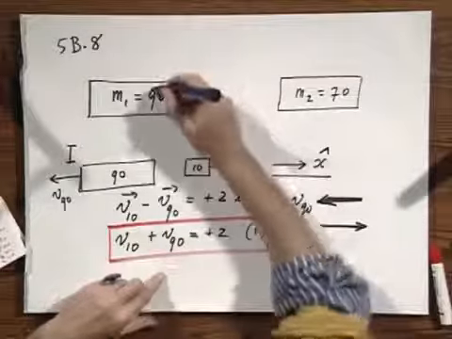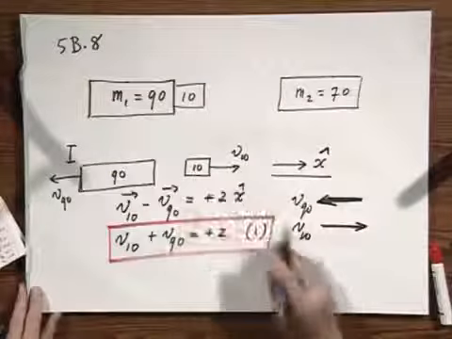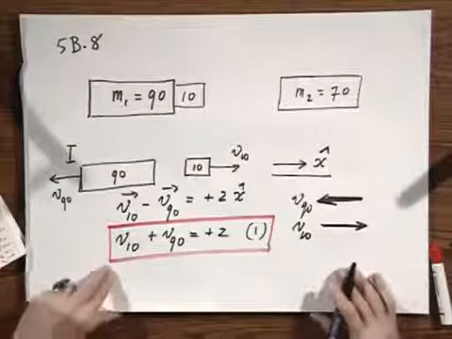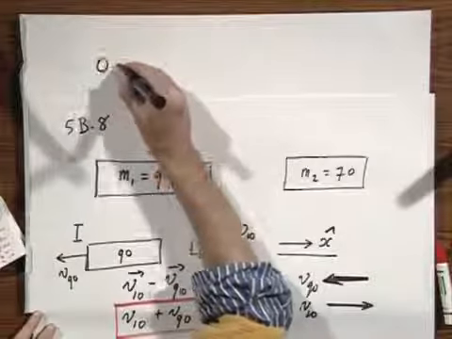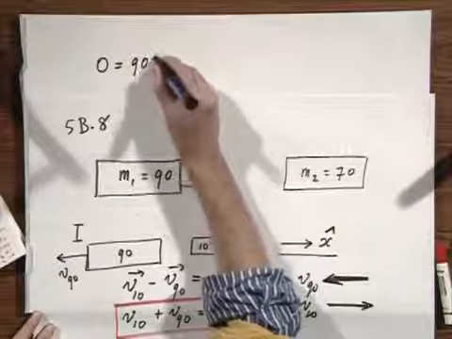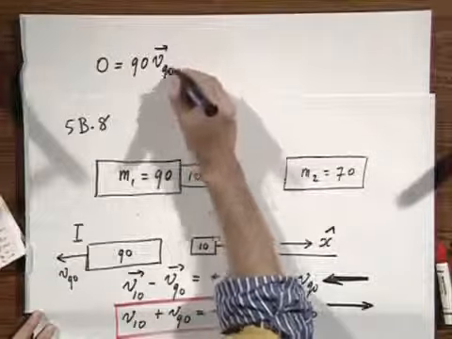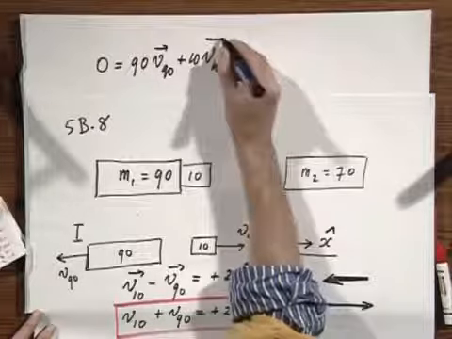Now, the momentum here is 0, so the momentum here must also be 0. So if I write down the conservation of momentum, I have 0 momentum, and that equals 90 times V90 plus 10 times V10.